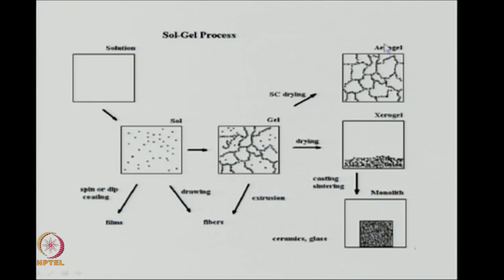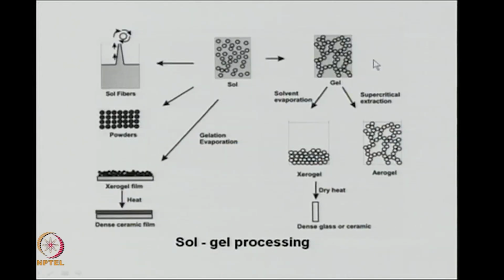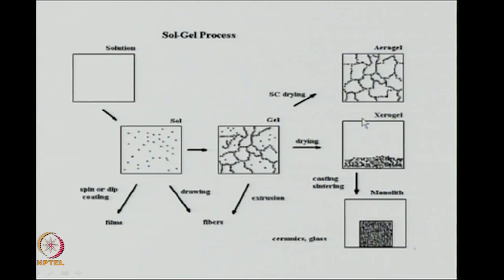So, you can get the aerogel or the xerogel depending on how you dry the gel, and the aerogel will have a very high surface area. It will be catalytically very active. However, the xerogel will have a low surface area. Now, you can also get a monolith.